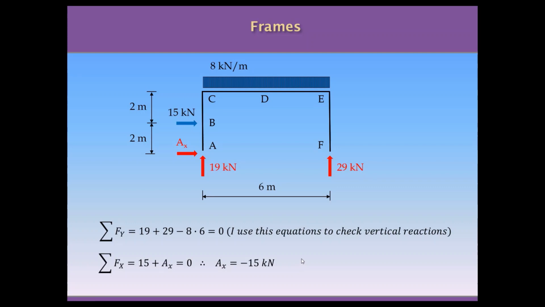So this means that 15 kilonewtons is definitely the value of this reaction, but this minus indicates that the direction of this reaction is actually in the opposite direction, so it's going to the left. And this makes a lot of sense because, of course, the reaction needs to compensate the horizontal force, the only one we have on this structure. So evidently, the reaction needs to go to the left to cancel this value and to keep the frame in equilibrium.